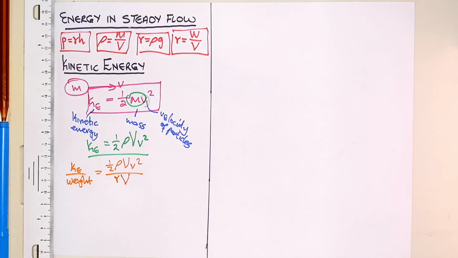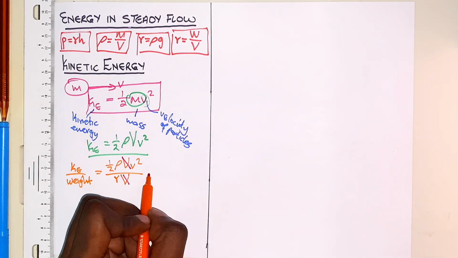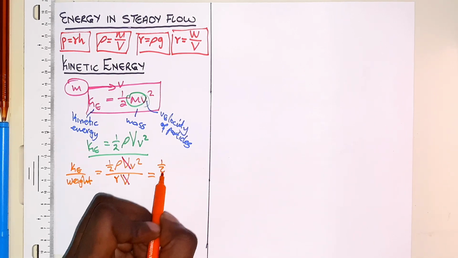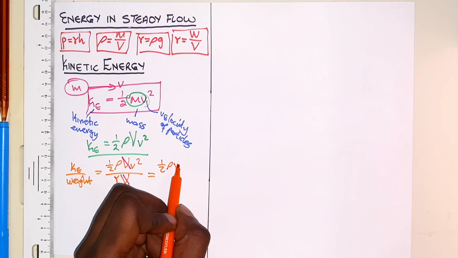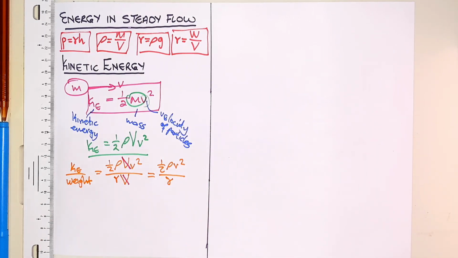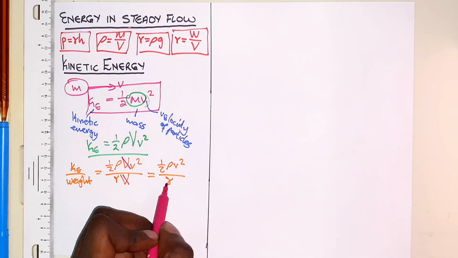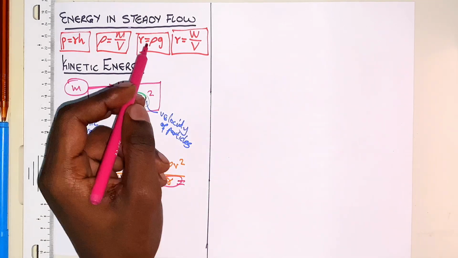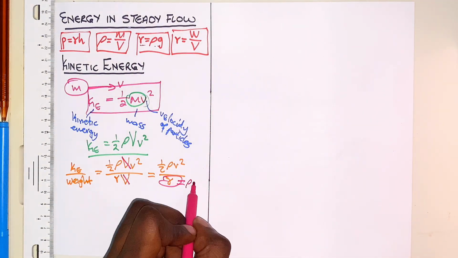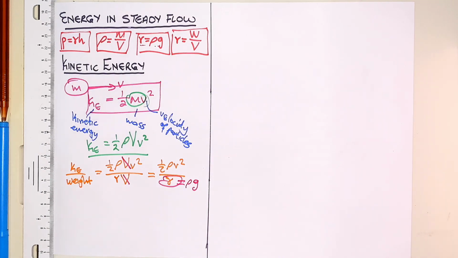Now you can see that the volumes will cancel, and my kinetic energy per unit weight will be given by 1/2 density velocity squared over specific weight. Now again, I want to substitute for the specific weight, density times gravitational acceleration.